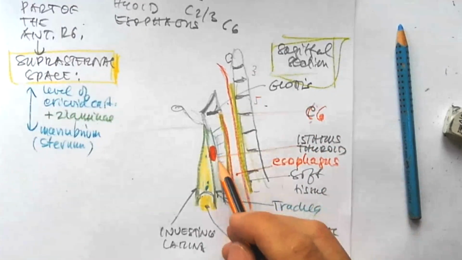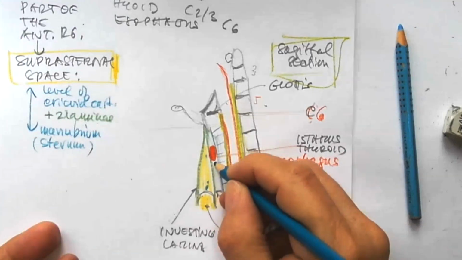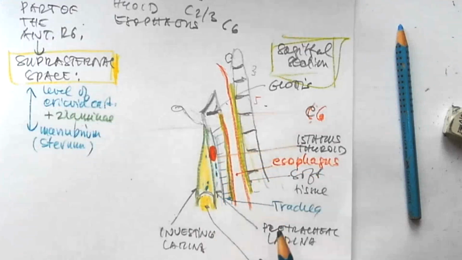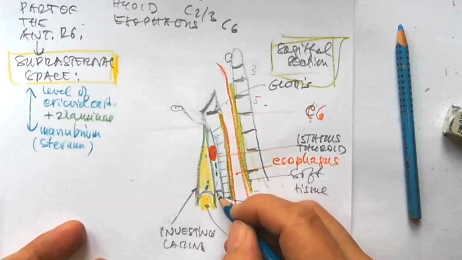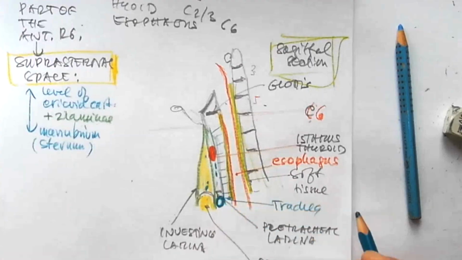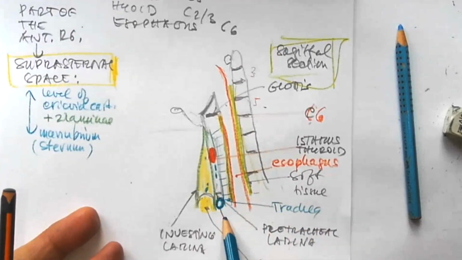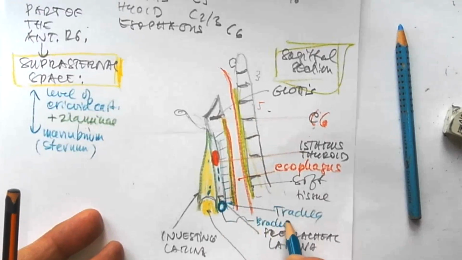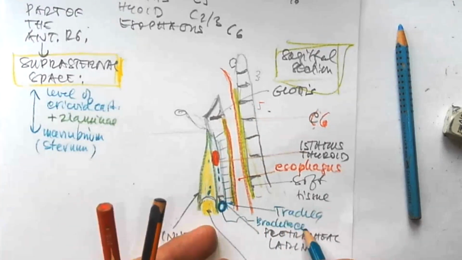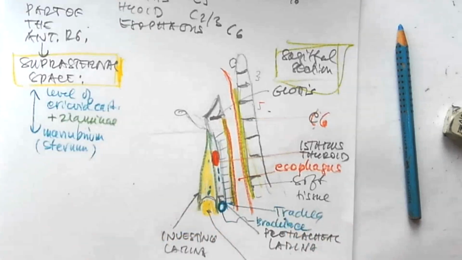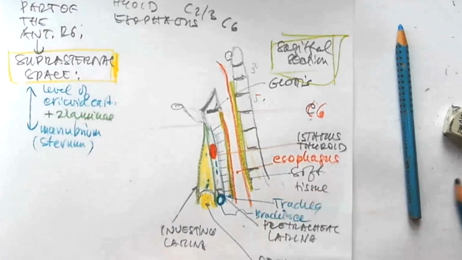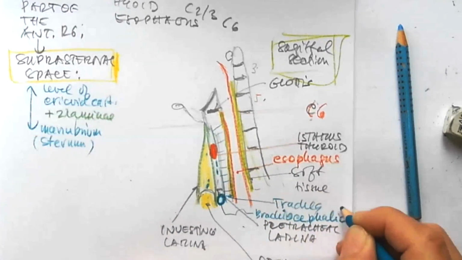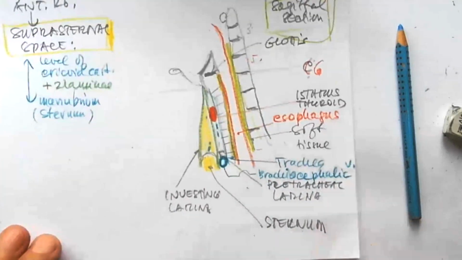And also this space contains the impar veins that open into the brachiocephalic vein. So we could add, no place, okay, brachiocephalic vein. No, this is sufficient, brachiocephalic, fine.